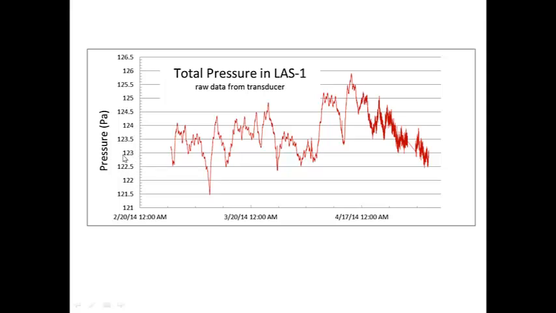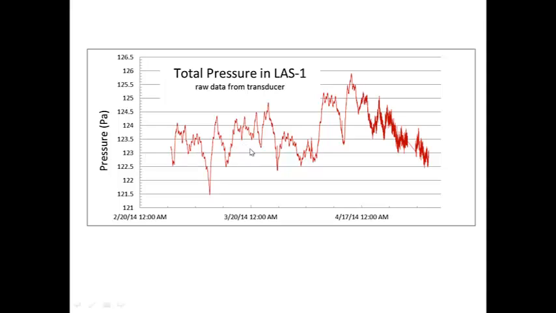I guess you multiply by 10, and that's how many centimeters. So 1,230 centimeters. That would be equivalent to 12 meters of water. But there's about 10 meters of water from the atmospheric pressure. So this is the total pressure, remember.